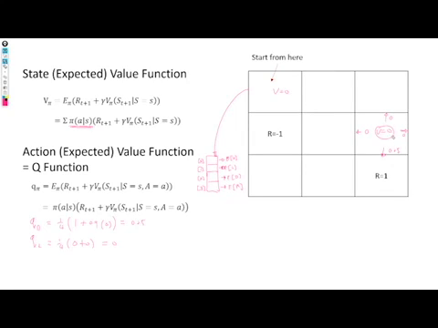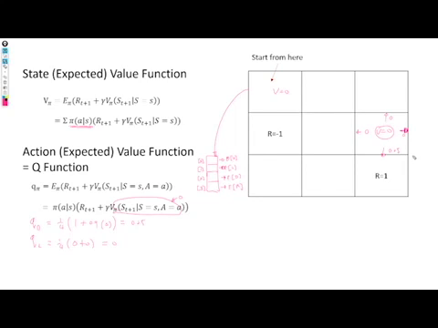In this case, if you move right, your next state will be the same state, but in the case of a boundary, your value here will not be the current state's value, but just 0, because it's a boundary. It's a special case.